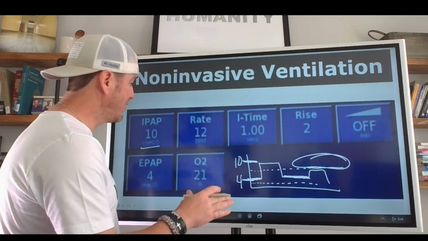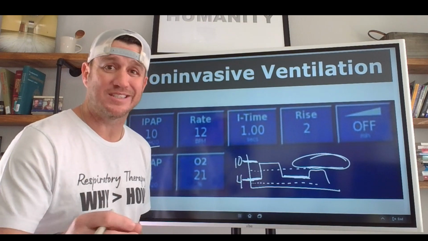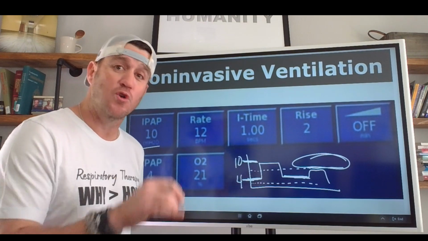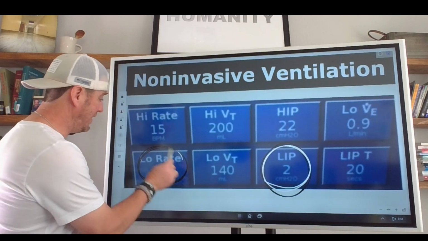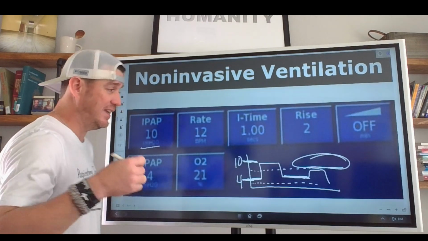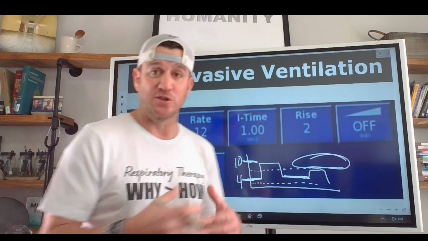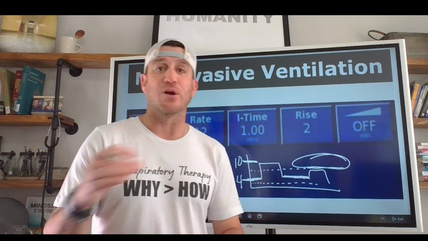Now, the other alarm that I told you we were going to circle that is commonly misset and misused is the low rate alarm. Okay, now remember, if we go back and look, our low rate is at 9 breaths per minute. Now the patient's in charge of their respiratory rate. So they can breathe. They want to breathe 20, they want to breathe 18 times, perfectly fine.